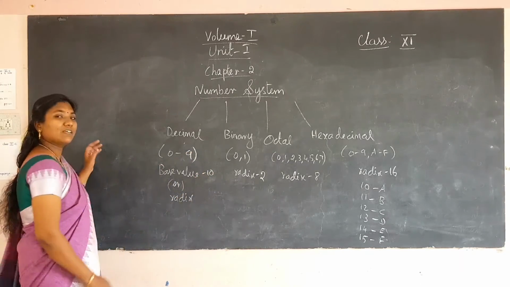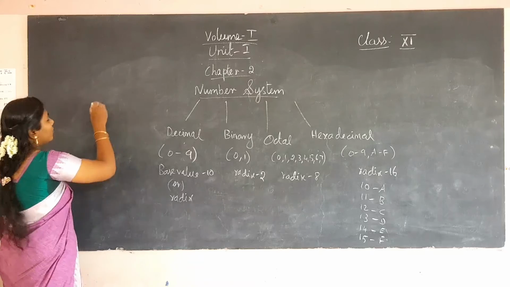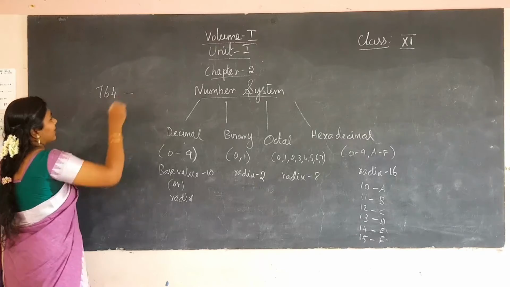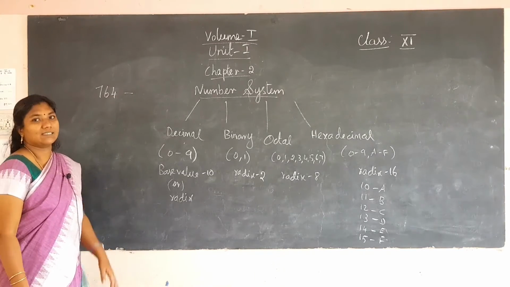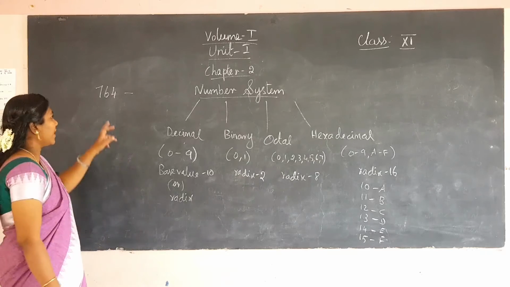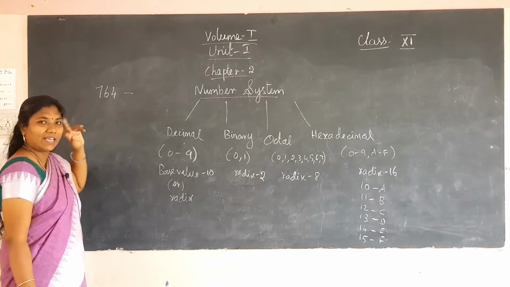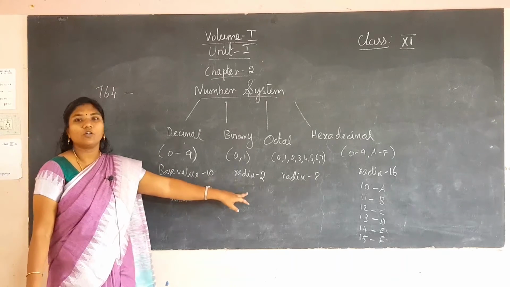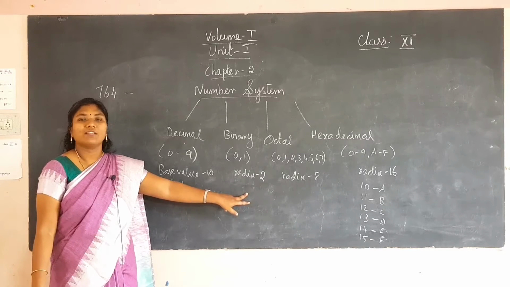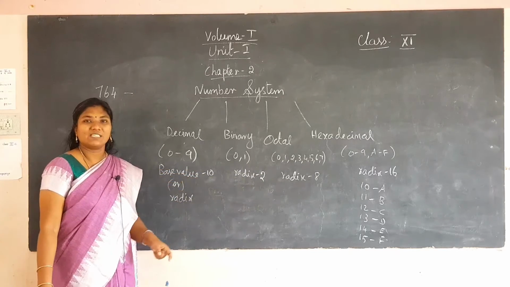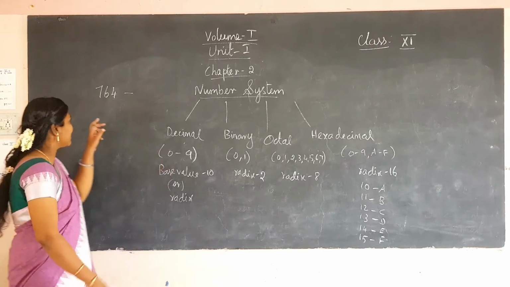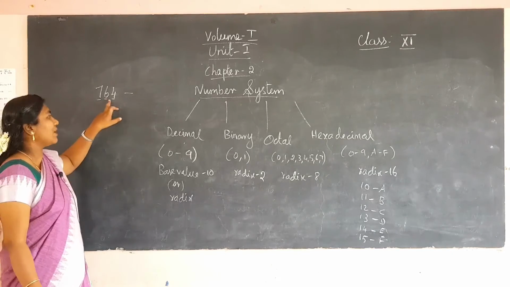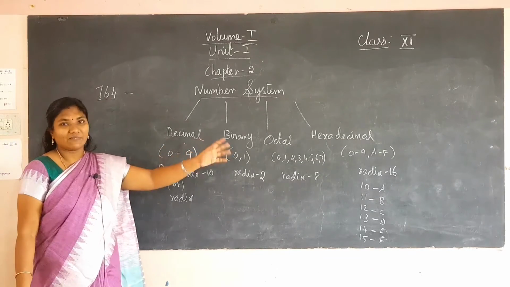Okay, let me write some numbers, and try to find out which number system they belong to. 764, what type of number can it be? The digits are 7, 6 and 4. Each digit can belong to the decimal number system. Does it belong to binary? No. Each digit must belong to 0 to 7, any one of that.